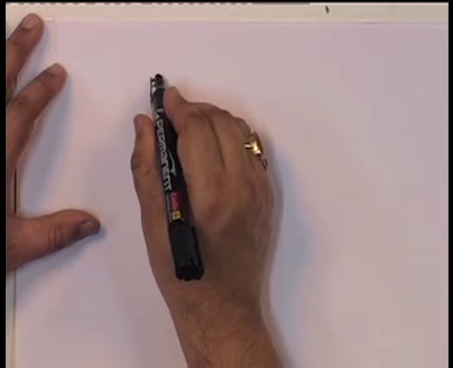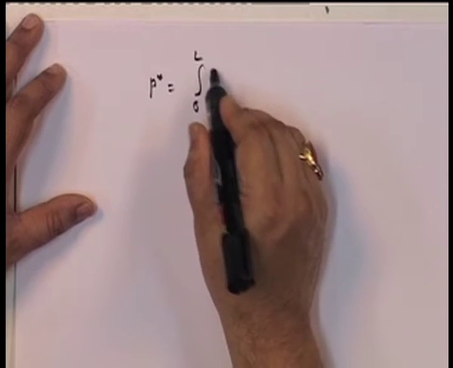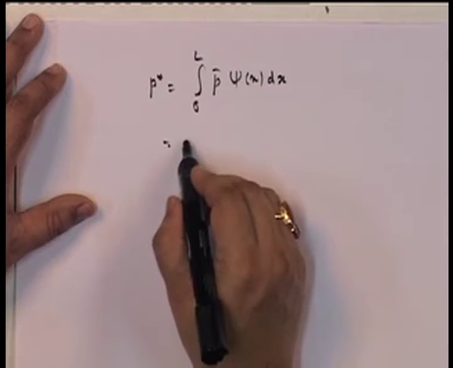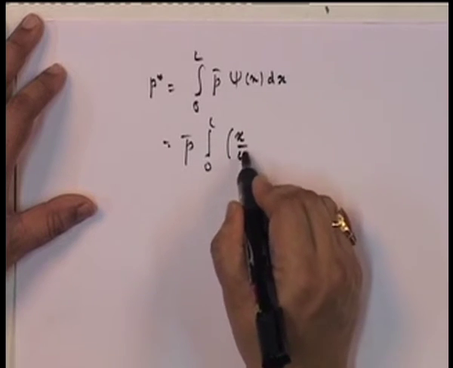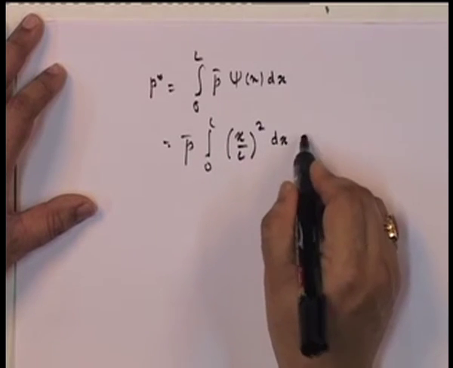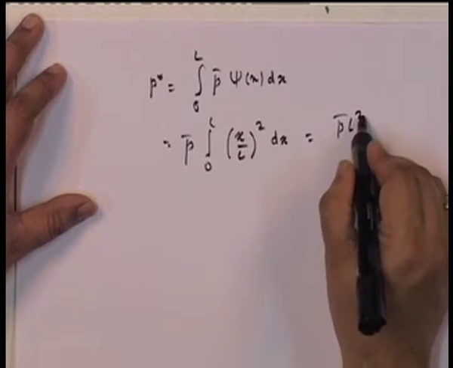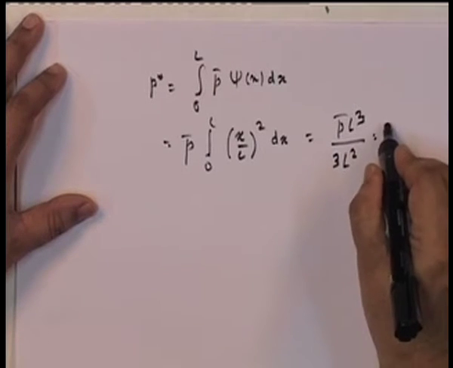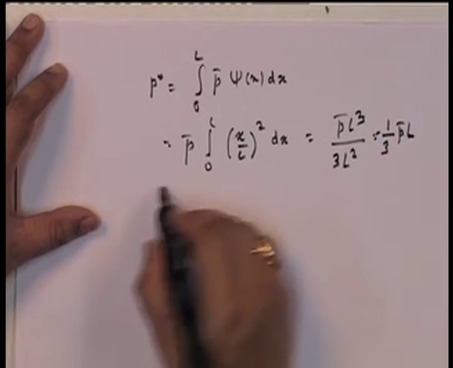My p star is going to be equal to integral 0 to L of p bar xi x dx. So, p bar goes out, integral 0 to L of x upon L squared dx. So, this becomes p bar L cubed upon 3 L squared. So, this becomes 1/3 p bar L. Okay.